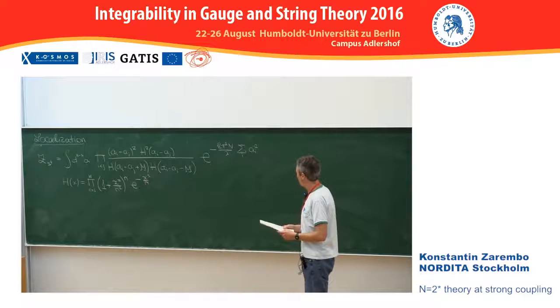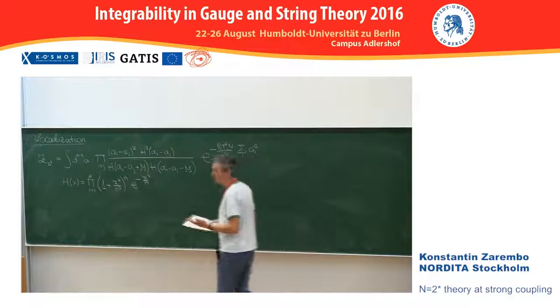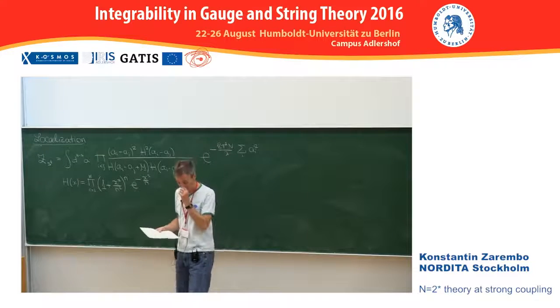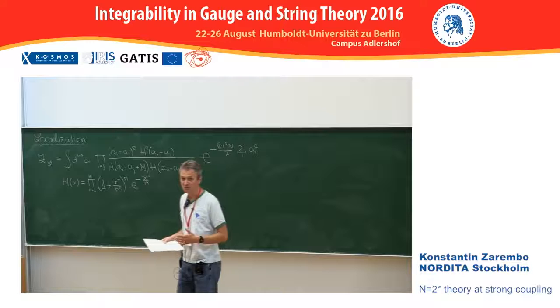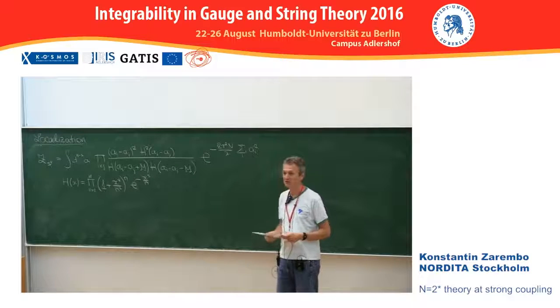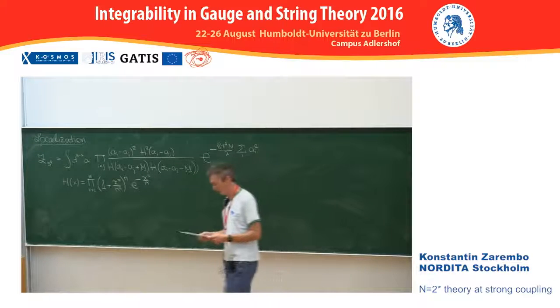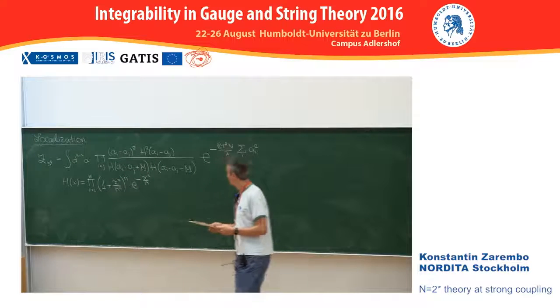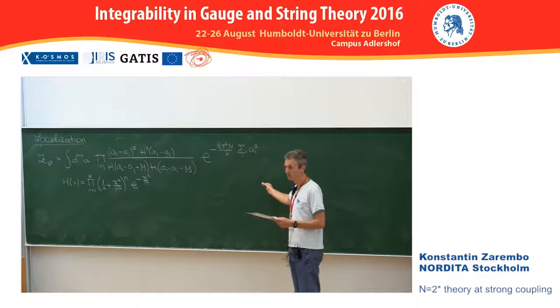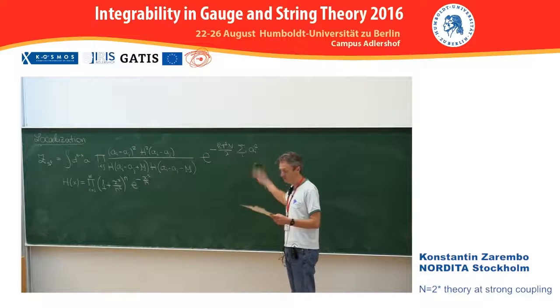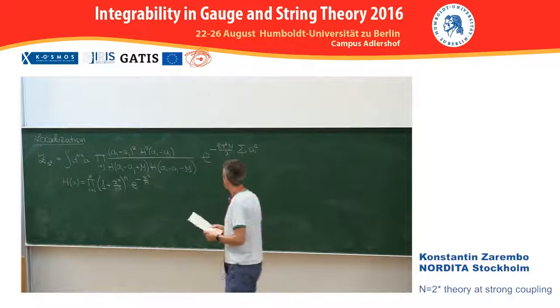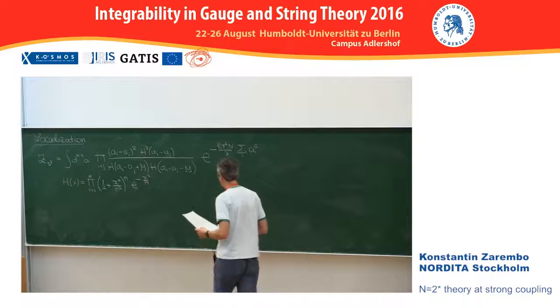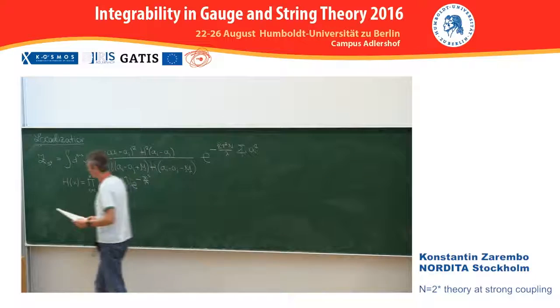And I should say that this is probably the only point of contact with integrability, because matrix models are assumed to be integrable in some sense. The idea is that we just solve this matrix model at large N and arbitrary lambda, and this will give some non-perturbative information about the N=2* theory.